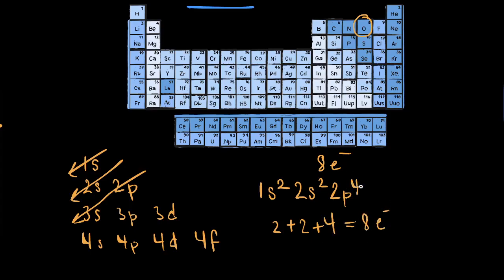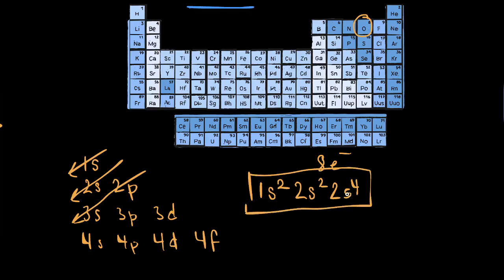If there are no more electrons that this atom has, we can't continue to fill the p orbital up to 6. So this here would be our final electron configuration. The electron configuration for oxygen is 1s2, 2s2, 2p4.